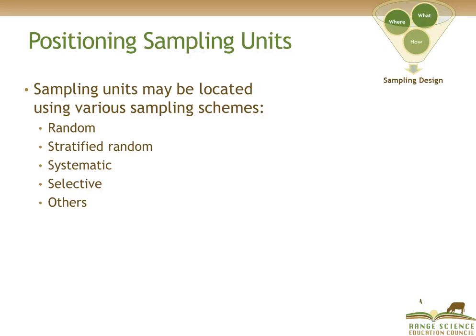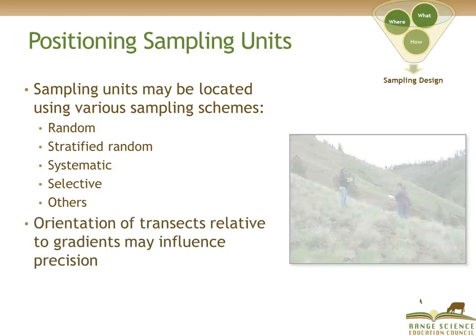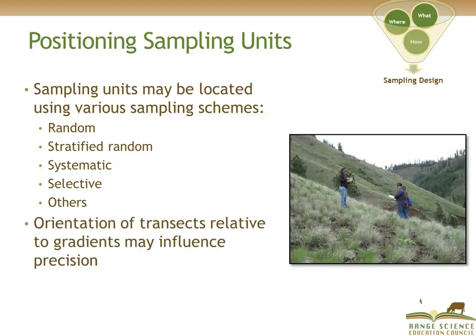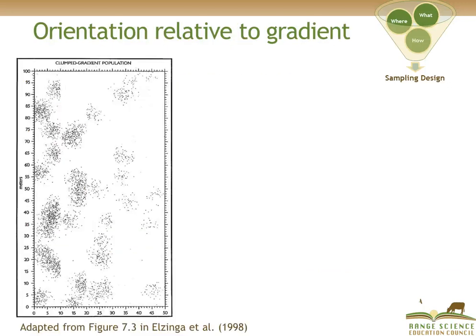This information will be covered more closely in a subsequent lesson. The orientation of transects in the environment is one important aspect that we will discuss now, and this is specific to the orientation of transects relative to a gradient that may exist in the vegetation population.